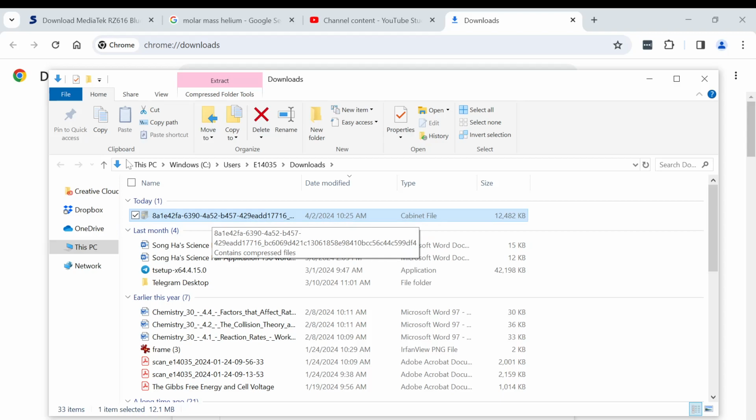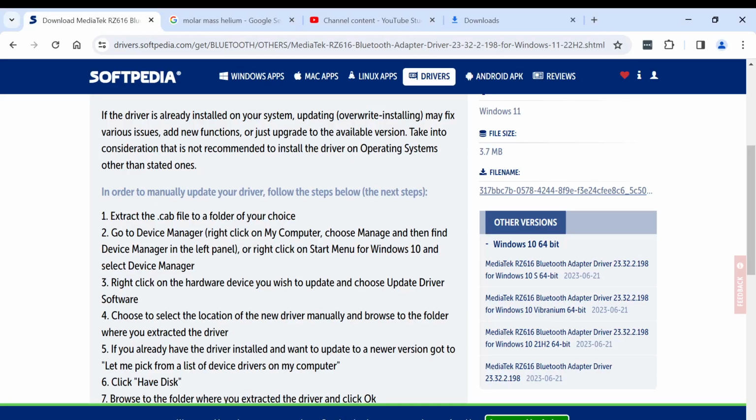I looked here because this one gave me instructions. It says to extract the .cab file to a folder of your choice. I don't know what folder we need to put it in. Well, it just says a folder of your choice, so I guess any folder?